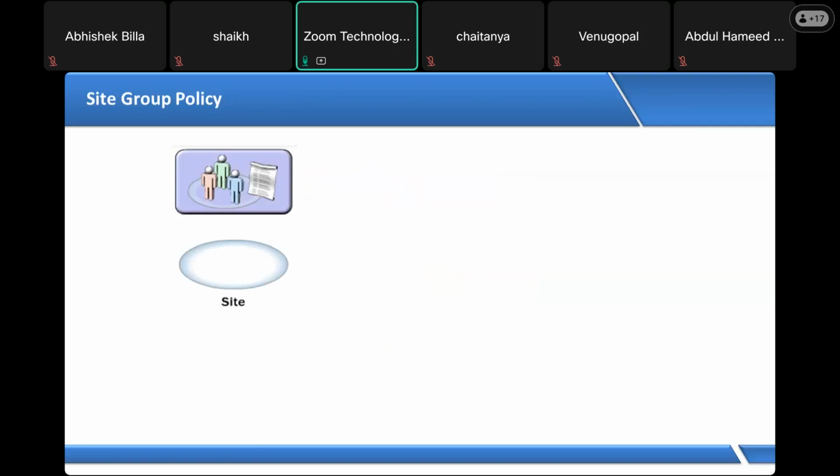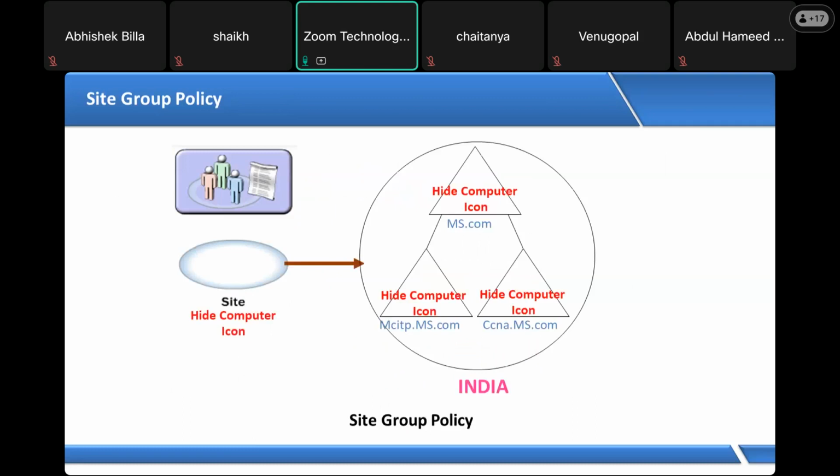The computer icon, then we blocked the C drive, then we blocked the notepad application, then restricted the run command. So do we need to always restrict the resources? No. Sometimes we have to restrict, sometimes we need to provide. So today we will see how to provide the required resources to the users or to the employees.